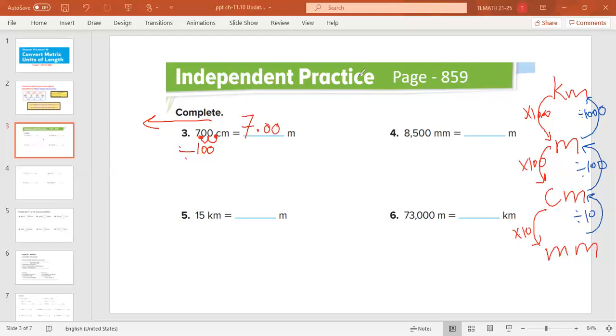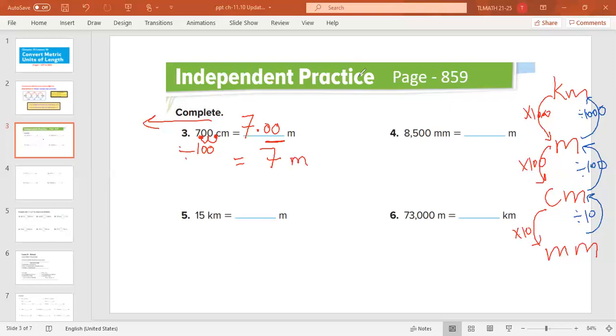I want to tell you something. Whenever you add zeros at this side, it has no value. So if you add 2 zeros, 3 zeros, millions of zeros, it has no value. So sometimes you can write it like this, 7.00, or you can write it 7 meter.